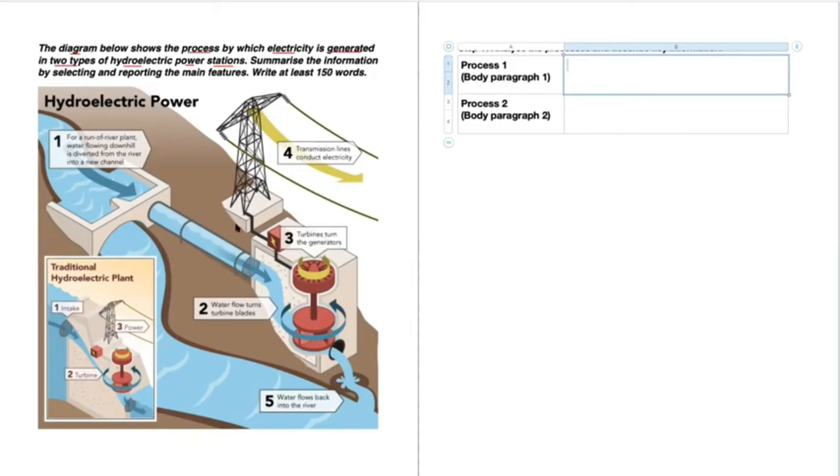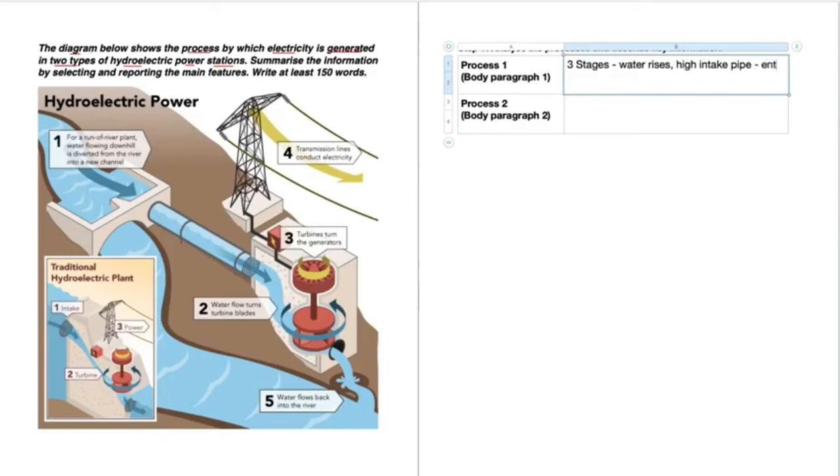If we look at process 1, which is the traditional hydroelectric plant, I'm going to say it's 3 stages. I'm going to talk about how the water rises and then it's high enough to go in an intake pipe, because that is exactly what we see here. So I'm looking right from the left, seeing that it goes into an intake pipe.